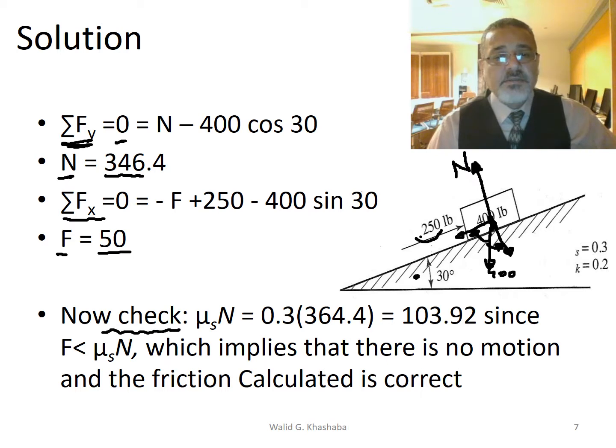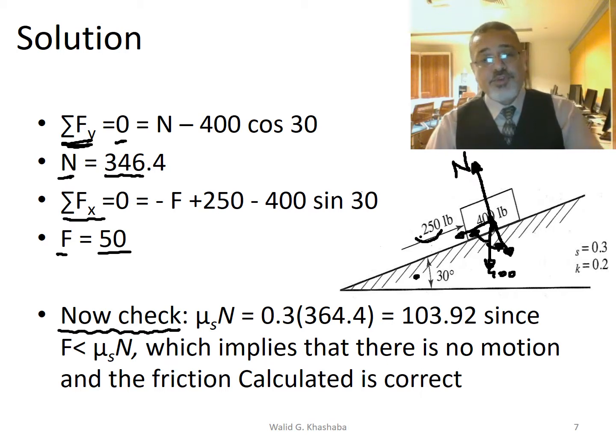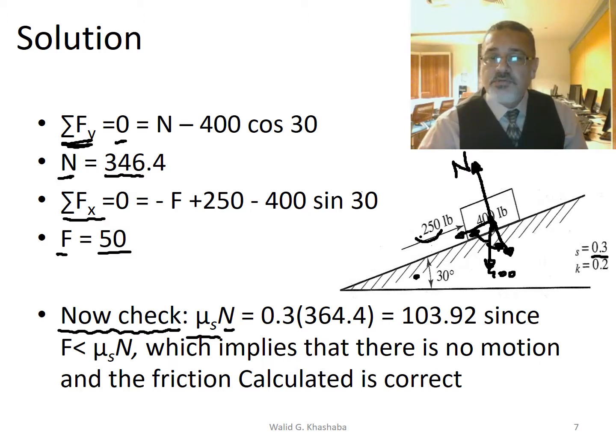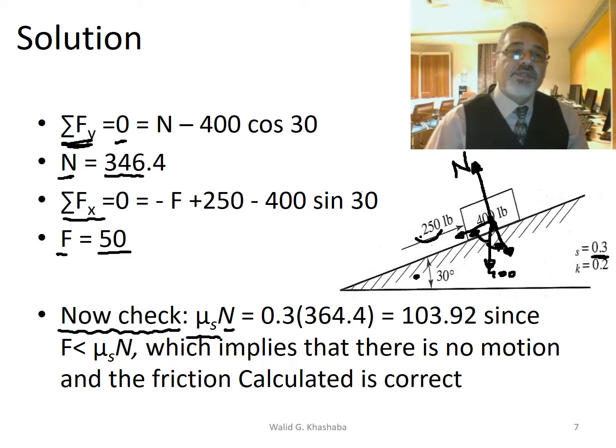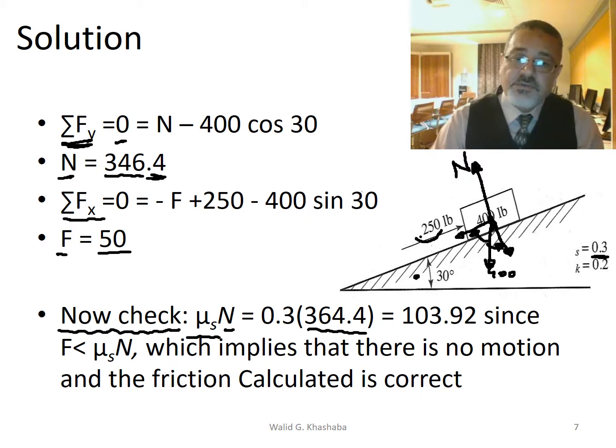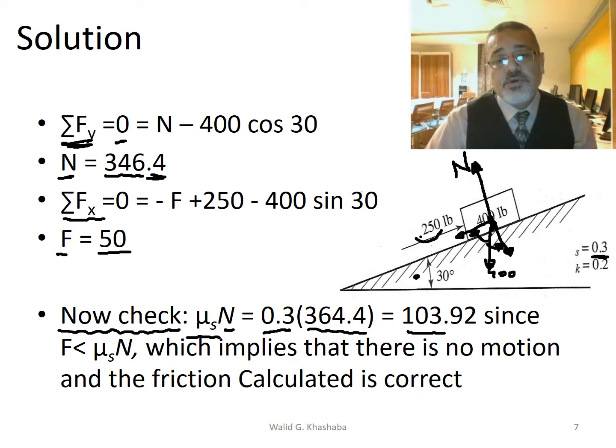And now let's check whether the body will move or there is no motion. Well, mu s times N is 0.3 times N, which we have from this step, which is 346.4 times 0.3, which is 103.92.